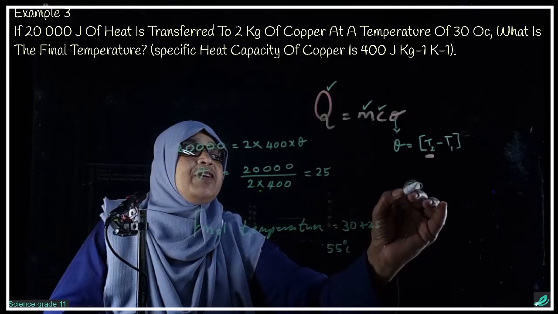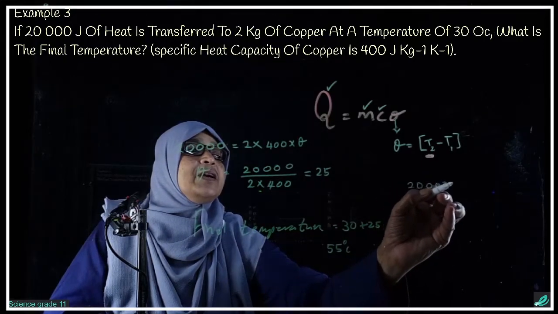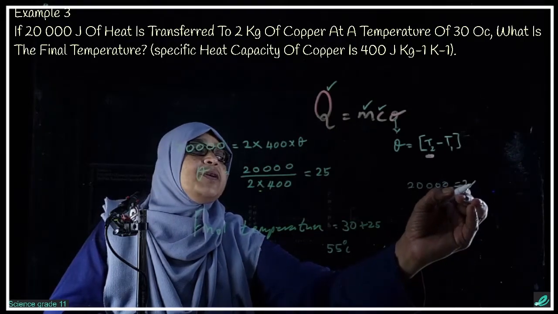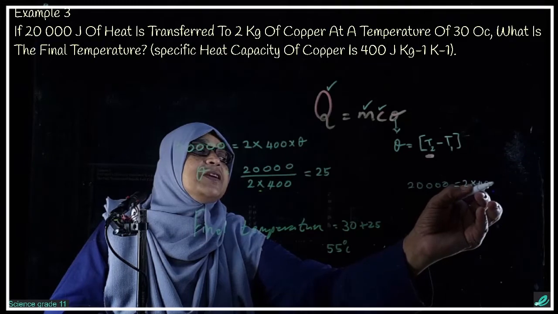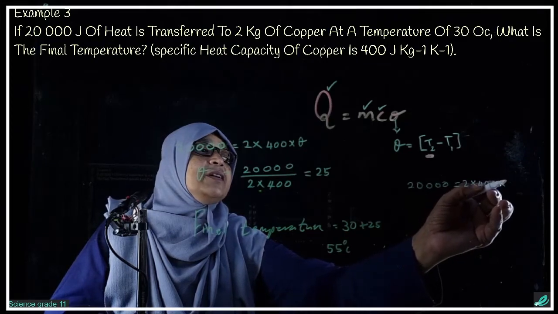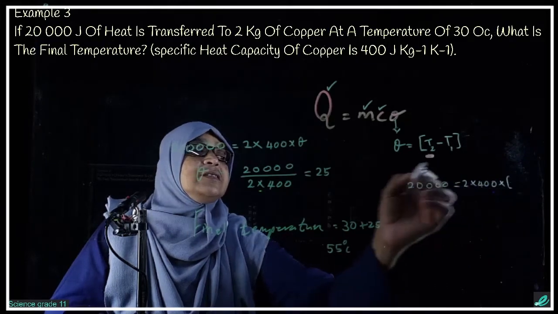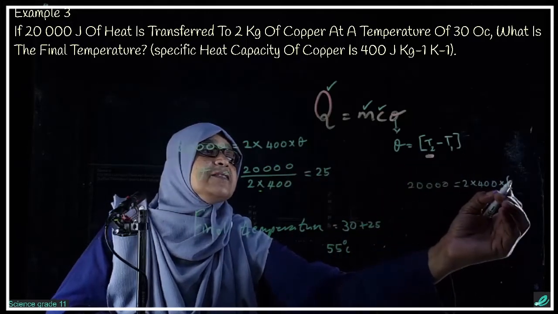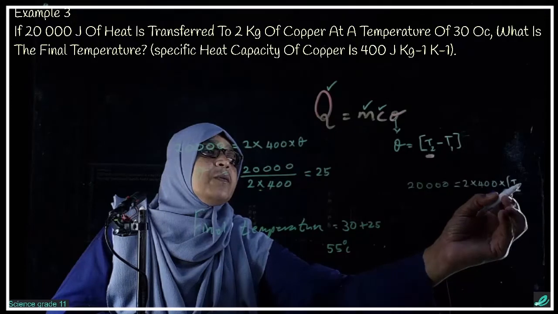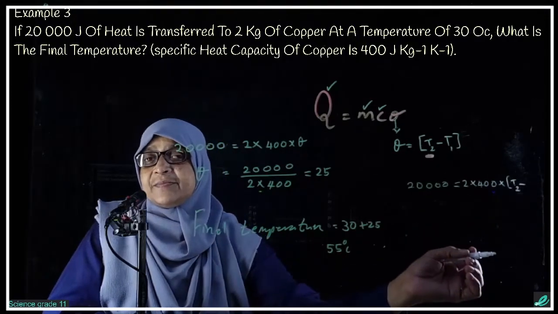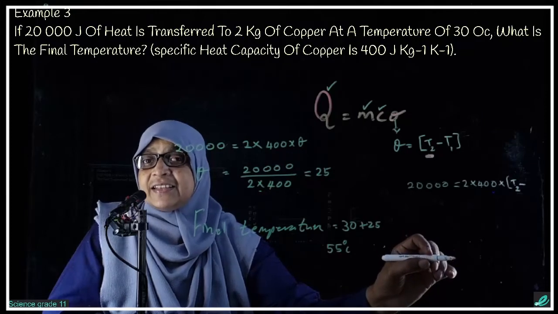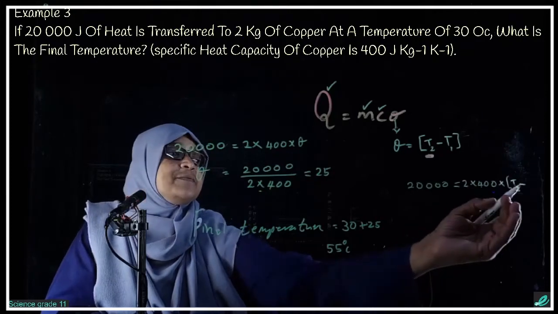The amount of heat supplied to copper is 20,000 joules. Mass of copper, specific heat capacity of copper. This theta, here we write as T2 minus, what is the T1? That is 30 degrees Celsius.